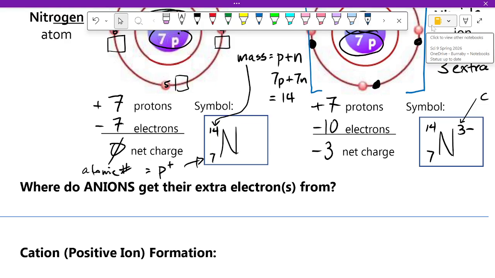I would like an electron. Who has electrons? Another atom. So anions get their electrons from other atoms.